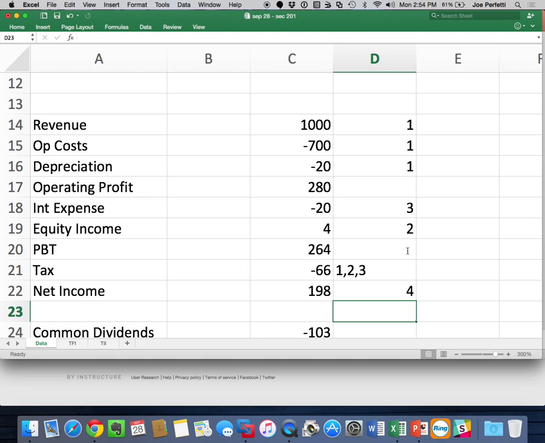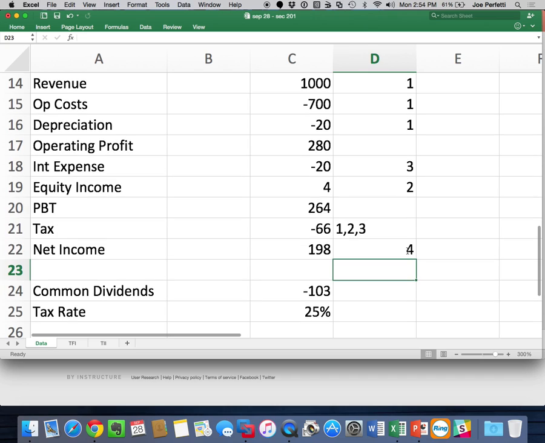Right? And here's the final one that's a little tricky. Common dividends is a 4. It's an equity cash flow. However, for purposes of TII, total income available to investors, since it's a rearranged income statement, common dividends are not part of net income.